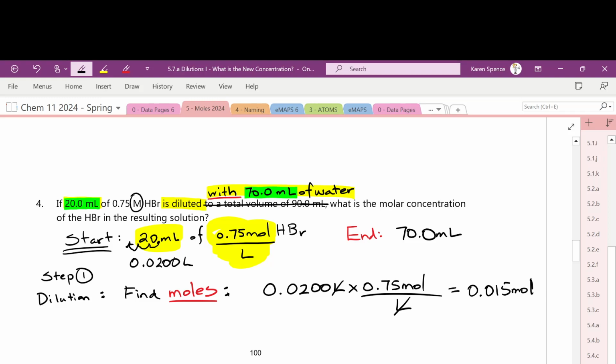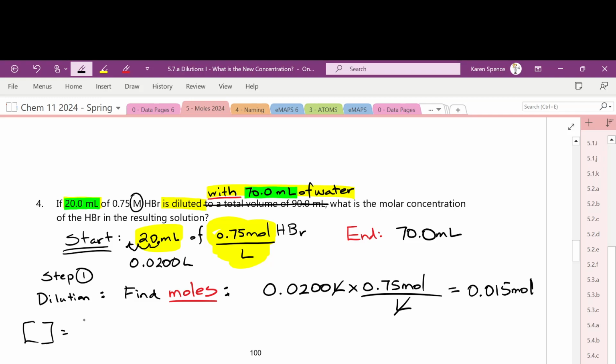Now I want to show you a mistake that many students make at this point. They get all excited and they say, I need to find my concentration. What is concentration? Concentration is what over what? Everybody, I know it's been a long weekend. Let's wake up again.